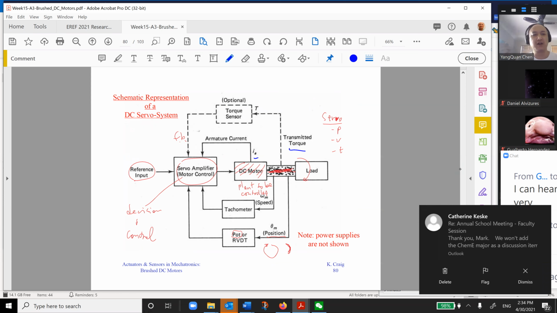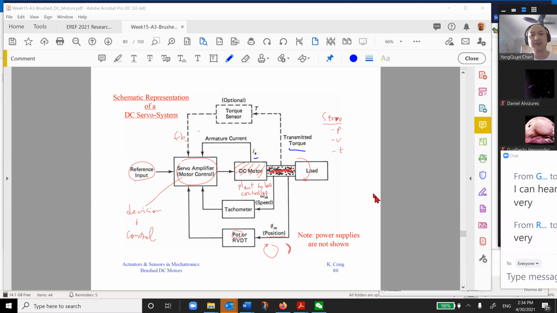You need to control the torque, and you have a torque sensor. Then this is a tachometer, and this is a potentiometer, or RVDT, for the angular position control. So that is our typical DC servo system.